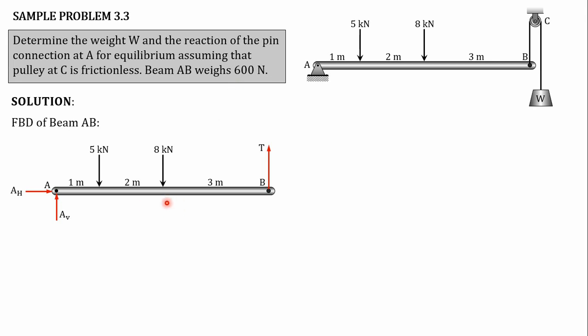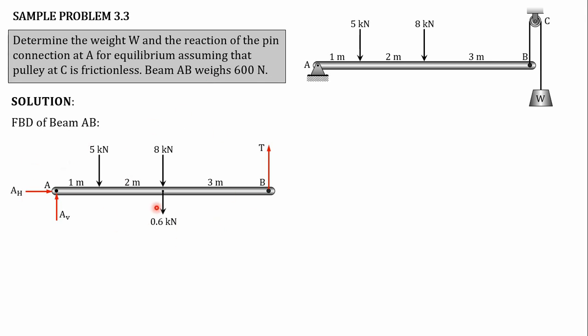So, saan yung center natin, class? Dito. Since 3 meter naman yan, at 3 meter naman to, therefore, ito yun, 0.6 kilonewton, going downward, because that is the weight of the beam. May iba pa ba? Wala na. So, this will be the free body diagram of AB.